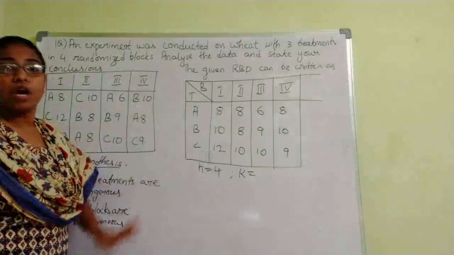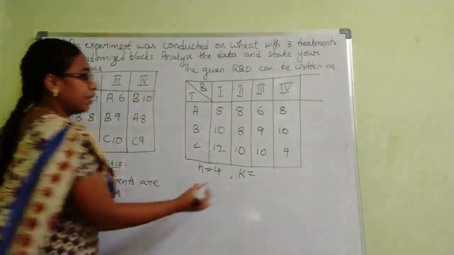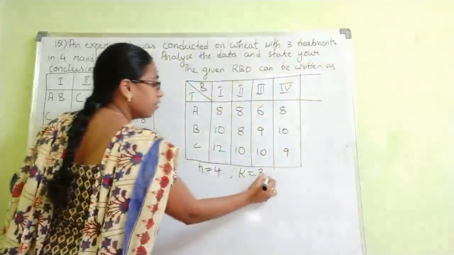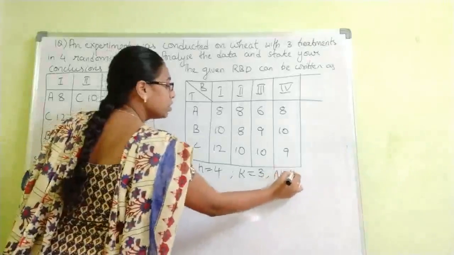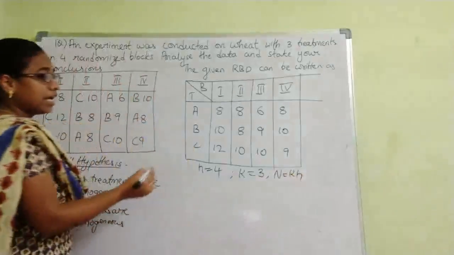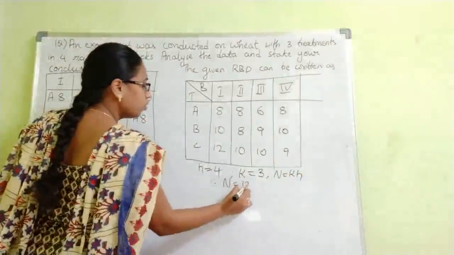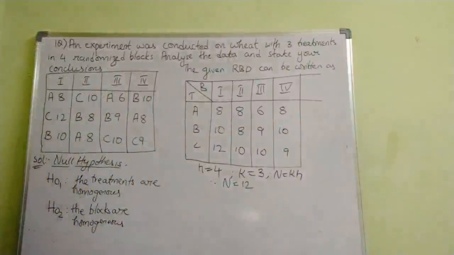In each block, how many treatments are there? 3 treatments. So K equals 3. Then what is the capital N value? We know N equals K into H, that is 4 into 3. Therefore N equals 12. So these are the given values. Now we will move on to the steps for ANOVA.